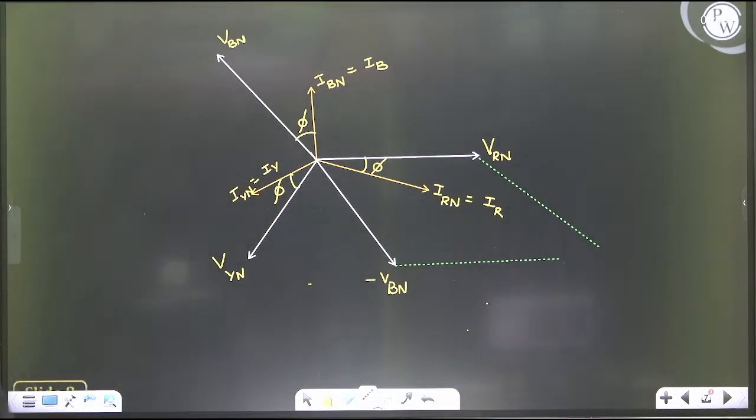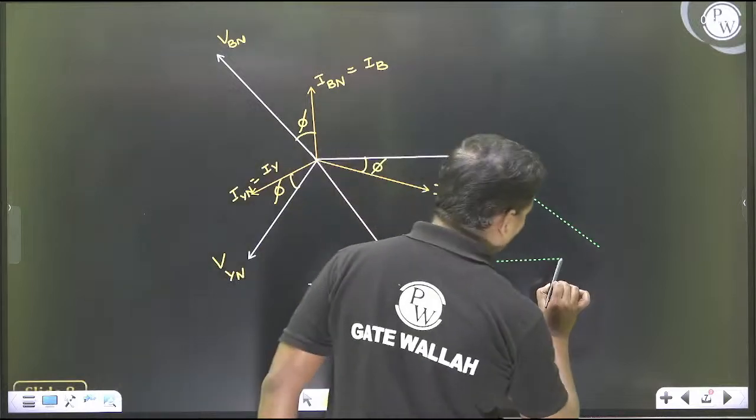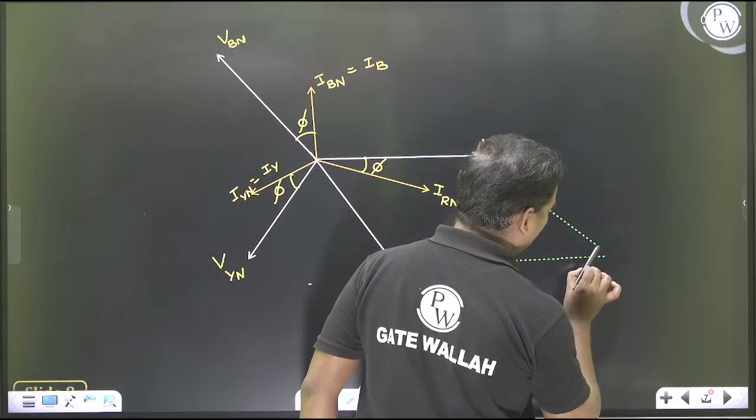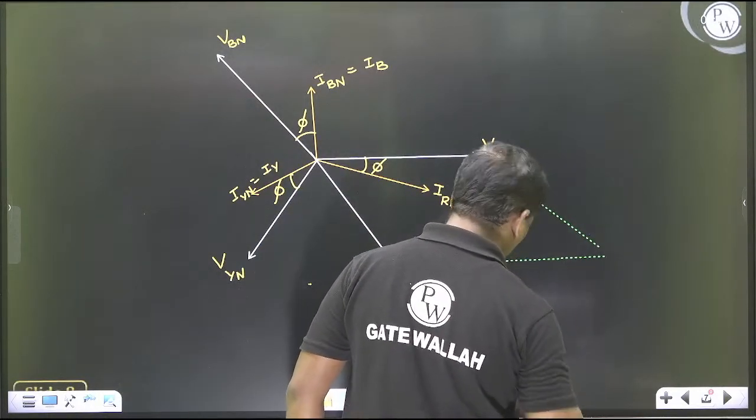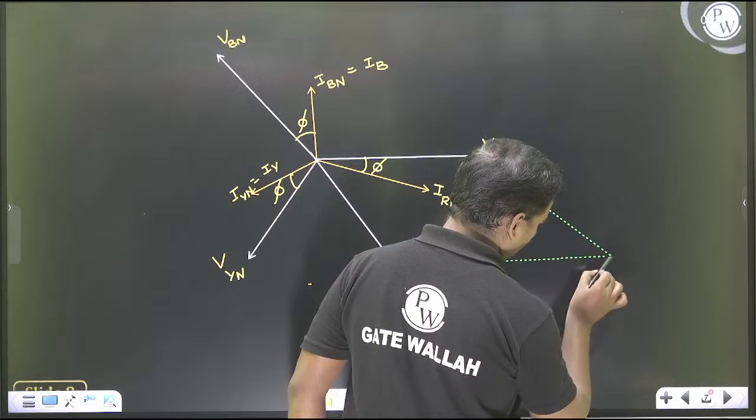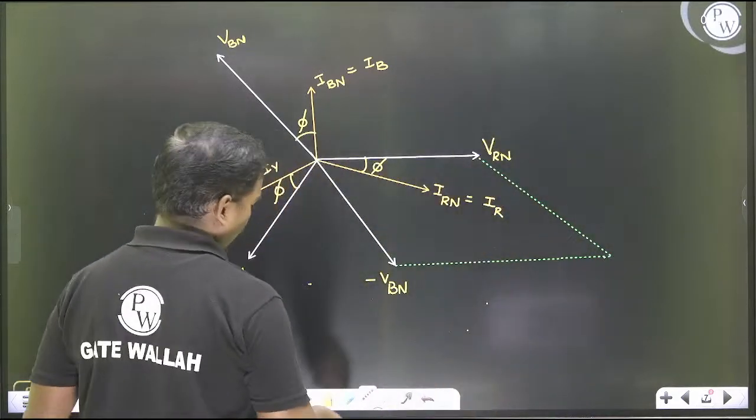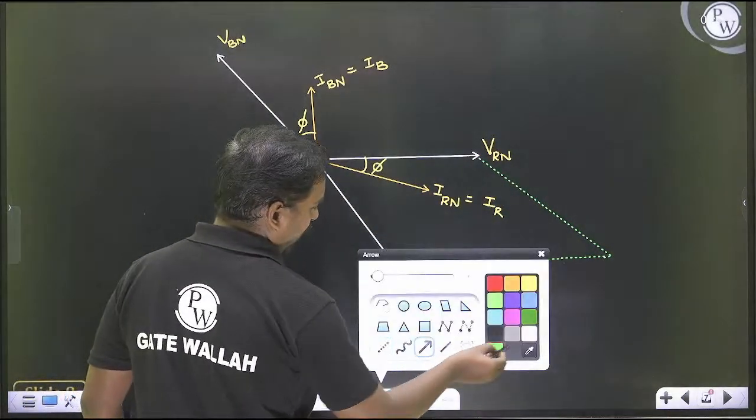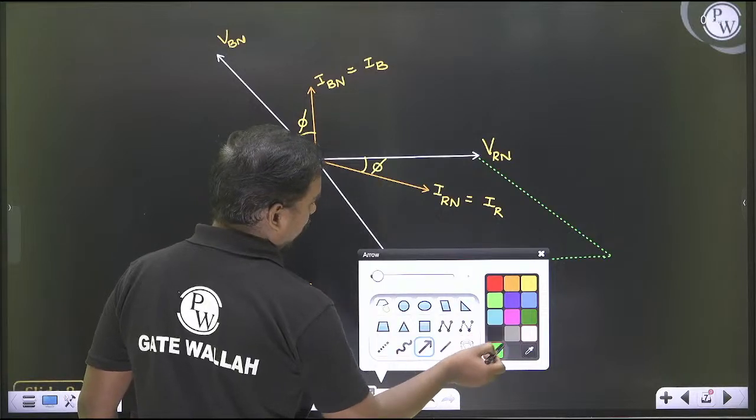So the diagram will come like this. This is our resultant.